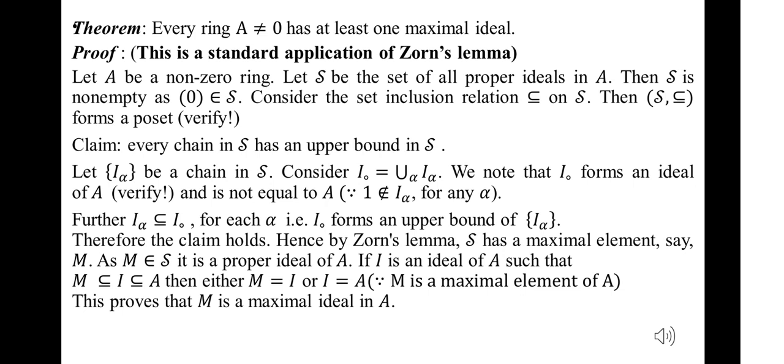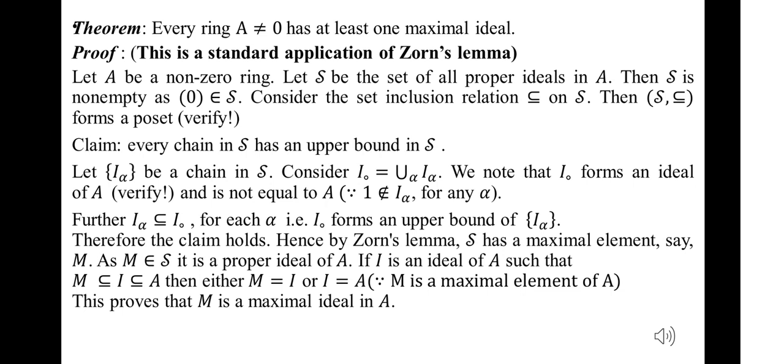So that 1 does not belong to the union, that is I naught also. So I naught is not equal to A. This says that I naught is a proper ideal of A. Further, each I alpha in the chain is contained in I naught, because I naught is just the union of all the I alphas. So each I alpha is a subset of this union that is called as I naught.